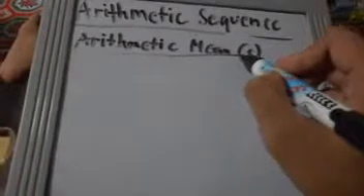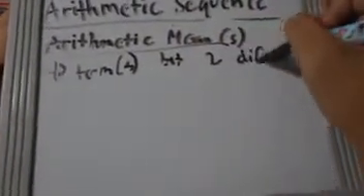In an arithmetic sequence, there's a certain term that is very important, called the arithmetic mean or means. What is it? An arithmetic mean or arithmetic means is or are the terms between two different terms in a sequence.